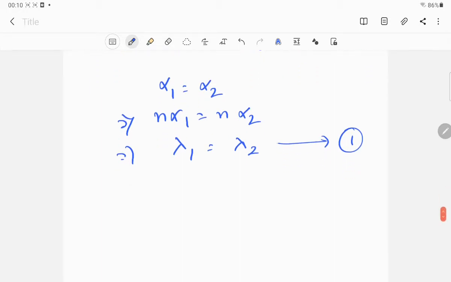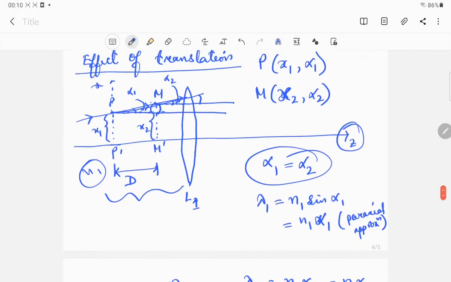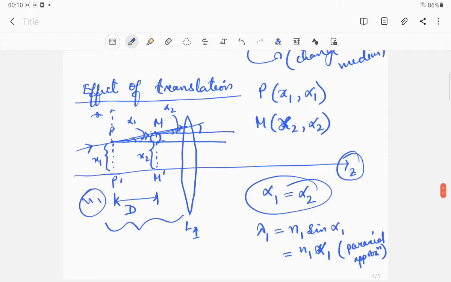Next, let us go back to the diagram. You can see that x2 is greater than x1. Let me remove all this and make it clearer.